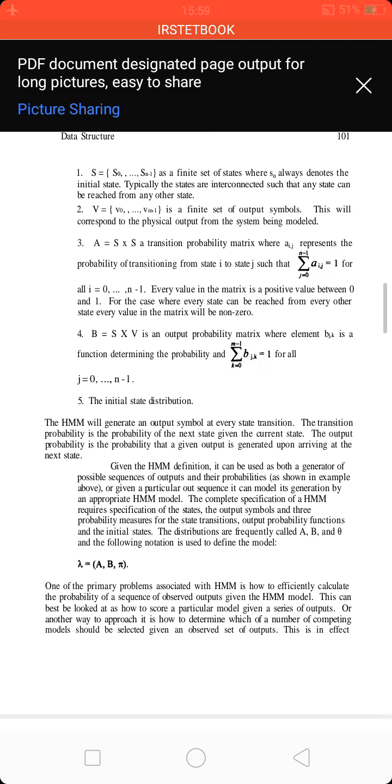Every value in the matrix is a positive value between 0 and 1.